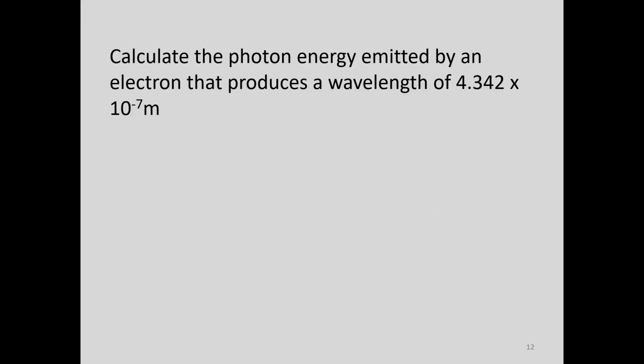Now calculate the photon energy emitted by an electron that produces a wavelength of 4.342 times 10 to the power negative 7. So we want to find the energy of the photon. This photon that moves has a wavelength, one complete wave, and its distance is 4.342 times 10 to the power negative 7.